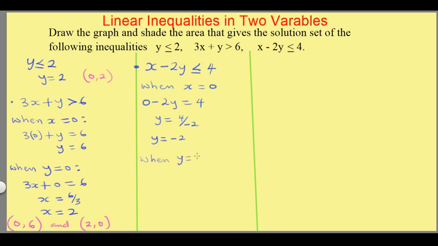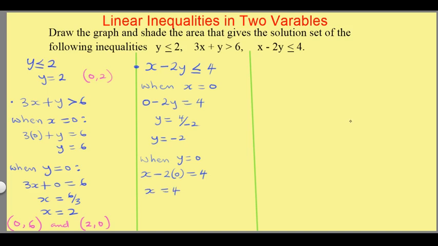When y equals 0, what will be our x? That will be x minus 2(0) equals 4. Then x equals 4.